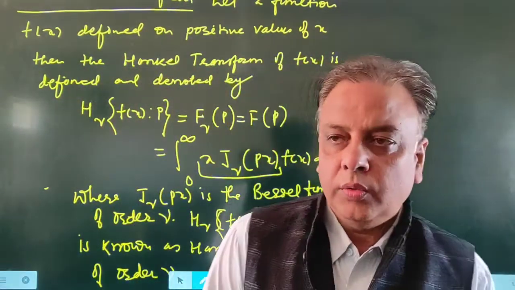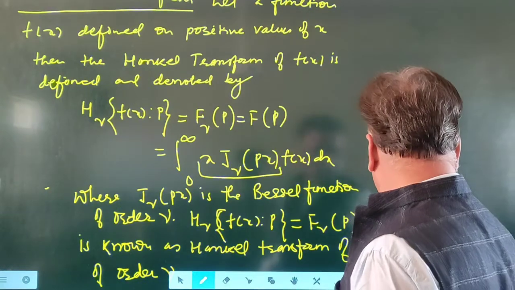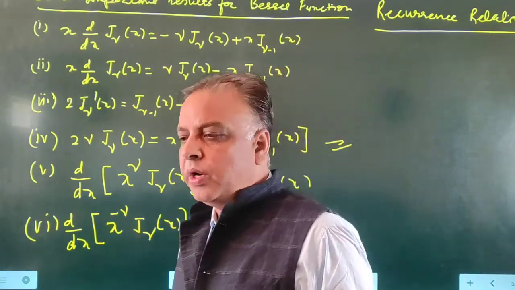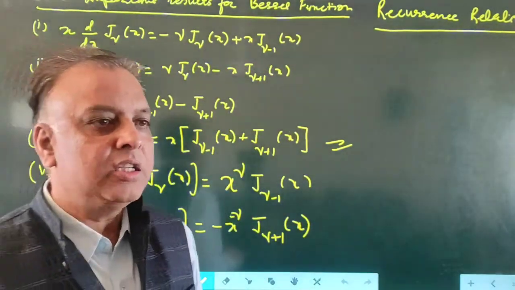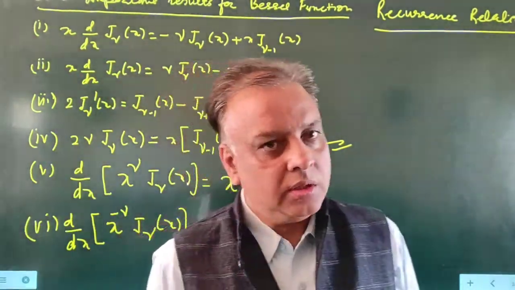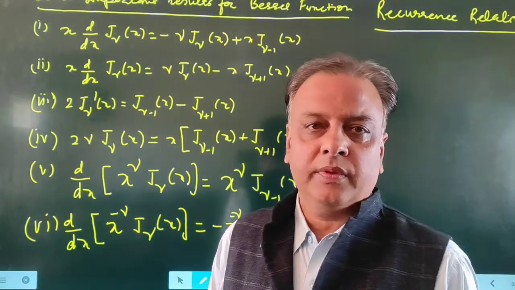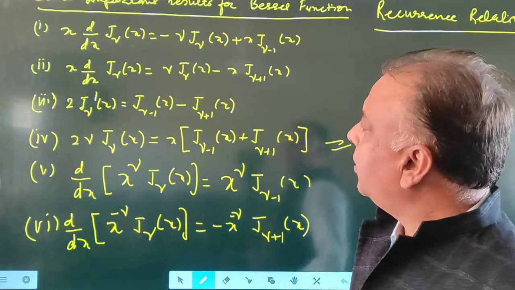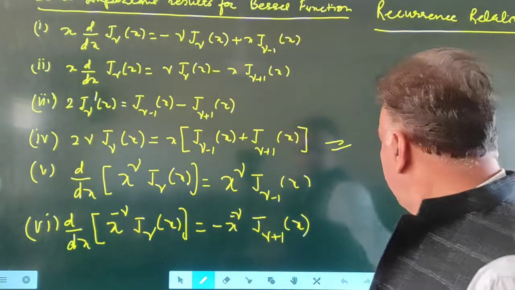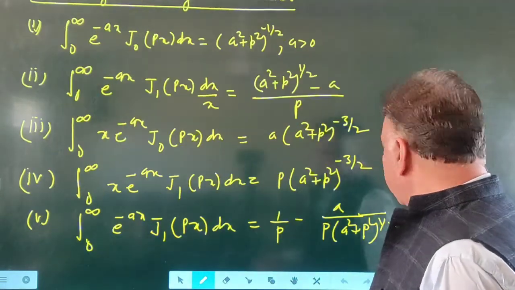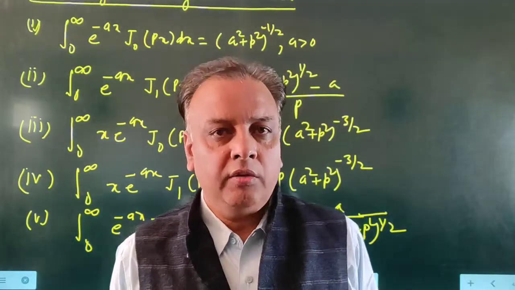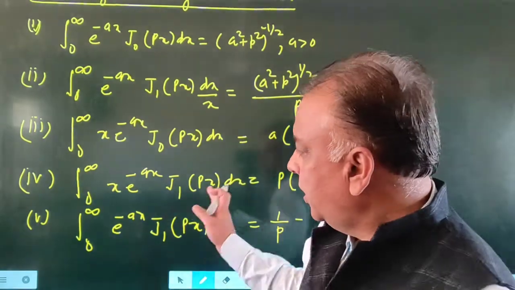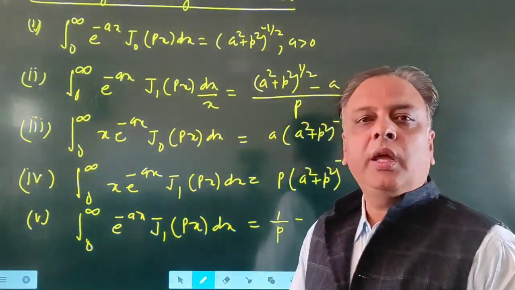And also we have discussed some properties and some important results. As the Hankel transform involves the Bessel function, we have to use the recurrence relations or some results of the Bessel functions we have discussed earlier. Also, there are some important integrals involving the Bessel functions which are to be used in calculating the Hankel transform.